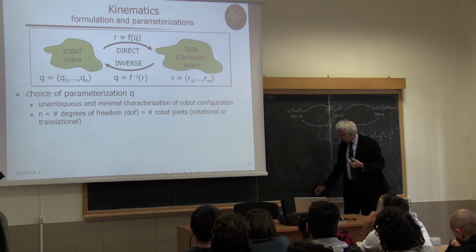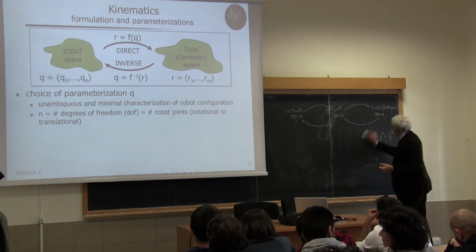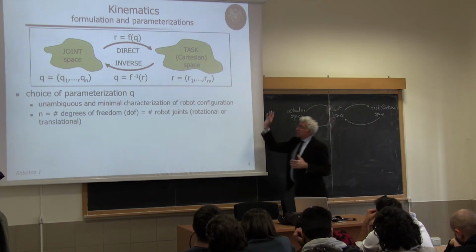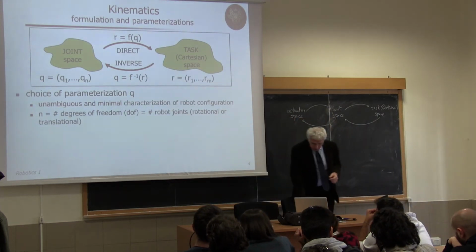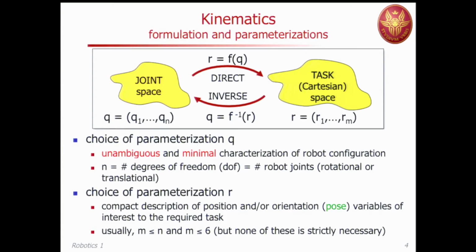I think that now you have some more concrete examples. And this is for the joint space. Well, something similar should be made for the Cartesian or task space. So we have to choose a parameterization for what happens in this space.